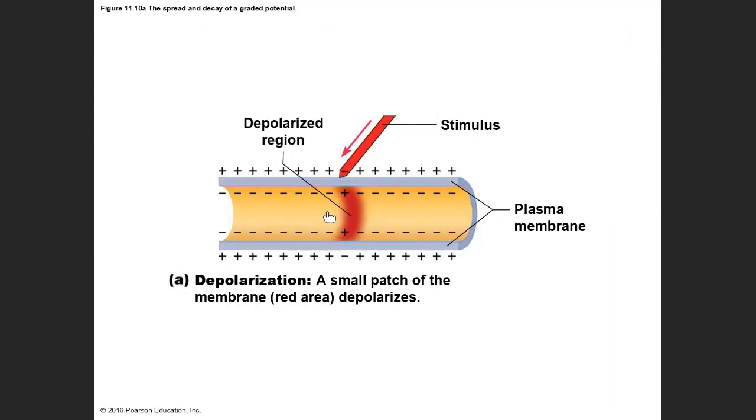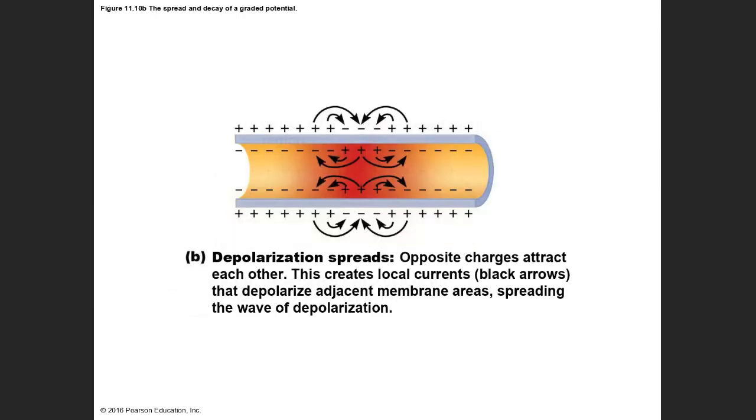This is just showing you a hypothetical axon here, and let's say we have a stimulus, some electrical signal coming to a dendrite, for example. Here it is. It's just going to excite this small area, and then what you'll see is that the depolarization will spread a little bit.